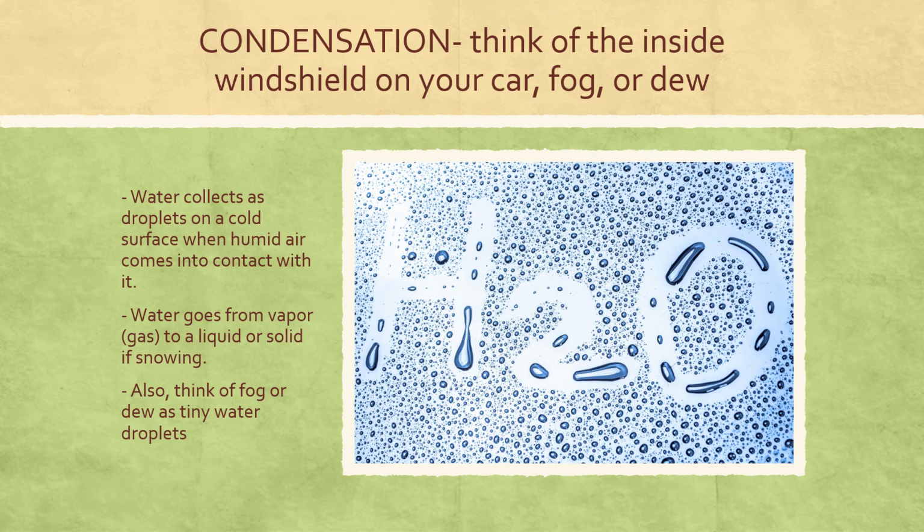So imagine you're inside your car and you breathe on it, and now you can write your initials or H2O, which yes, that stands for water. Water goes from the vapor or gas stage to the liquid stage, or of course the solid if it's snowing. That is condensation. And last, you could think of fog, whenever you see fog outside, or even dew in the summertime, those little tiny droplets of water that you see on the blades of grass.